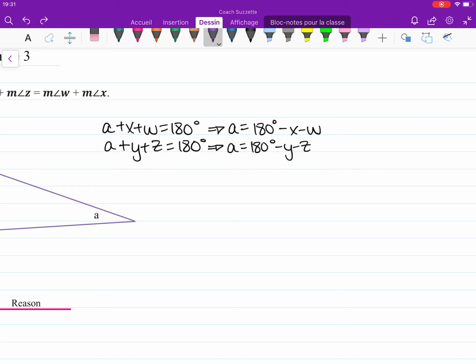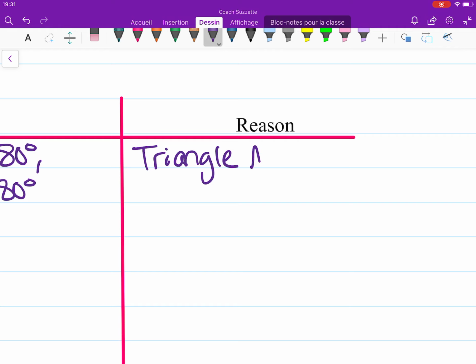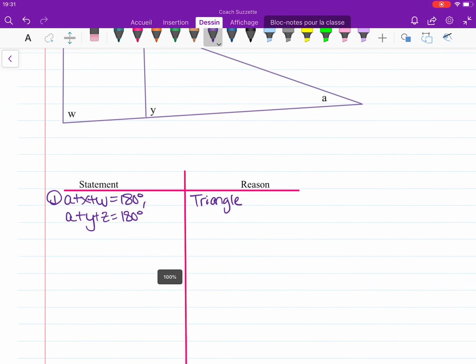Okay, let's get started with our proof down here. Number one, a plus x plus w is equal to 180, and a plus y plus z is equal to 180 by the triangle angle sum theorem, which tells us that for any triangle, the sum of the measures of the interior angles is 180.